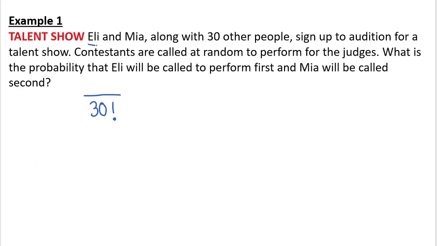The number of favorable outcomes. Well, we want Eli and Mia to go first. So we take 30 minus our 2 people to get 28. There's 28 factorial left over for everybody else. So 28 factorial is 28 times 27 times 26, and so on, all the way till I get to 1.